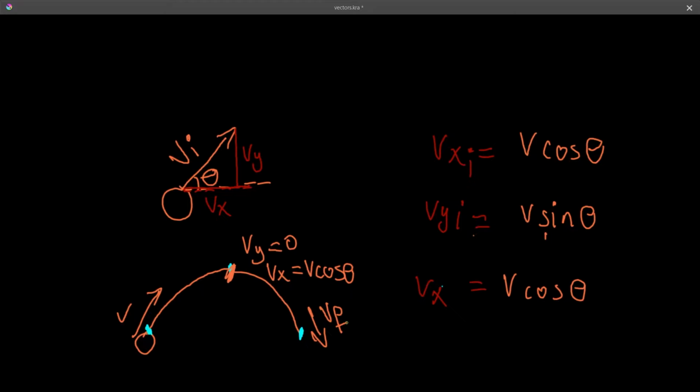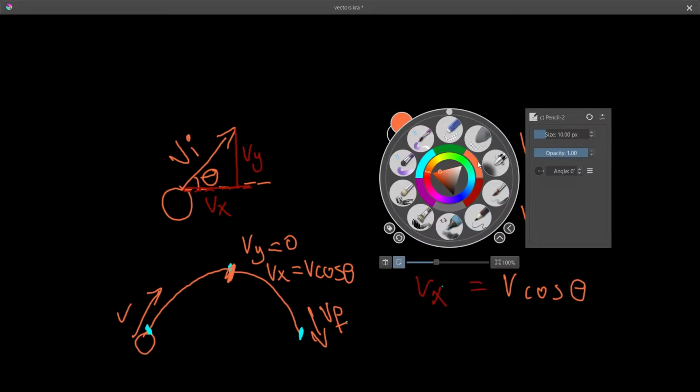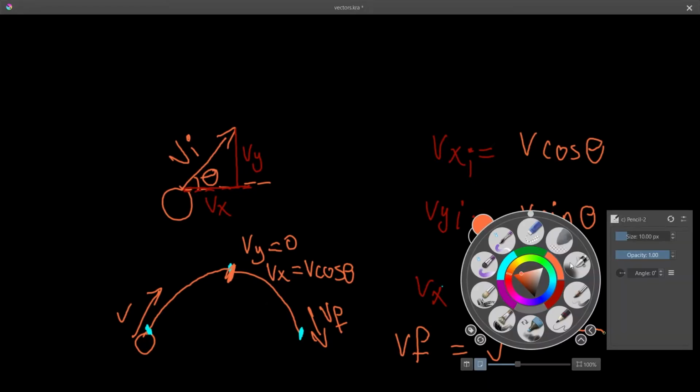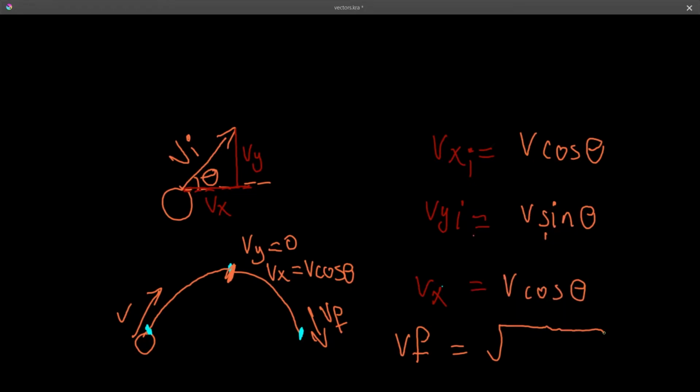V final is just going to be the radical, similar to any vector quantity, of Vx squared, which is just V cosine theta but we'll just write Vx squared, plus Vy final squared.